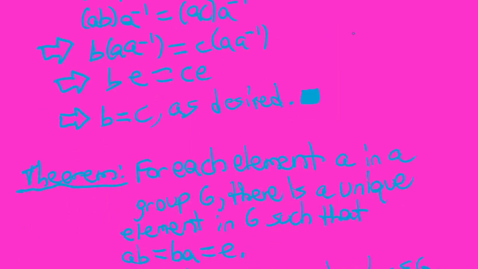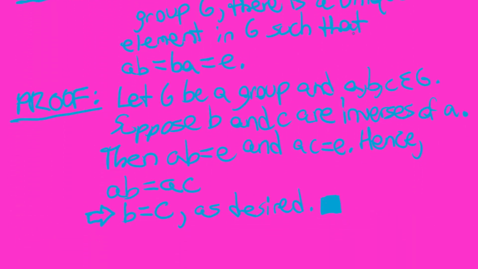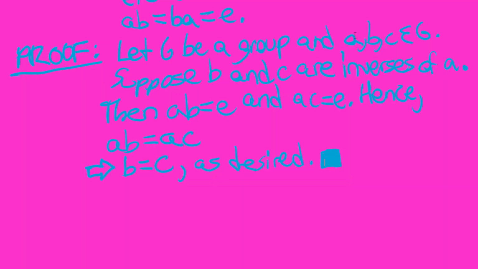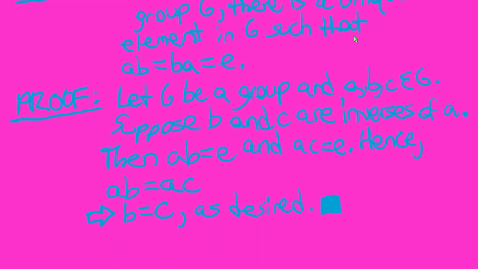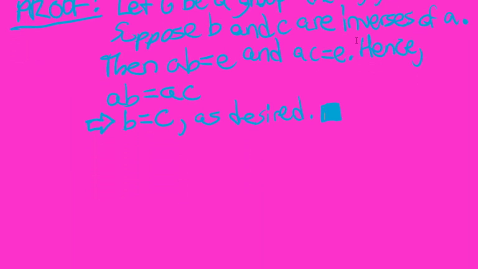Of course, I could have written it out, but we can imply it since we've already written the theorem out, and that will lead us to B equals C, which means that there is a unique inverse for each element. I have one more theorem, and then we will look at the examples for this. And then we will be finished up with section 1. So let's take a look at this last theorem.